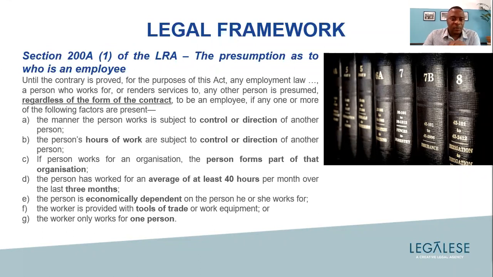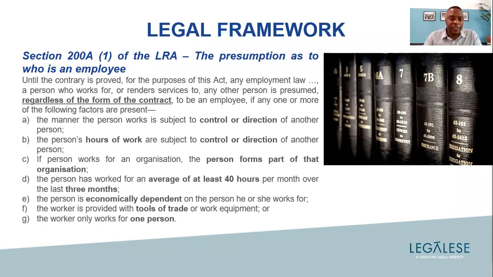What Section 200A specifically states is that until the contrary is proven, any person who works for or renders services to any other person will be presumed, regardless of the form of the contract, to be an employee if any one or more of the following factors are present.